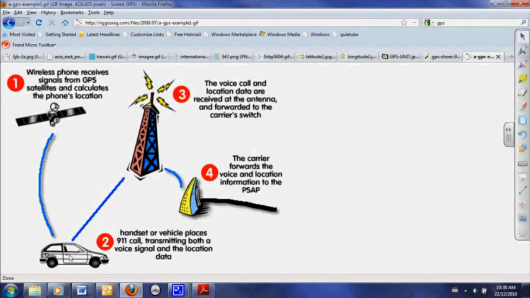The car or truck then sends the signal to a tower, and then that signal, via a voice call or whatever, is then sent to your carrier. Now, your carrier could be OnStar, which we have in our truck, or it could be a cell phone provider such as Bell, Rogers, TELUS, and then that's how they find your location.